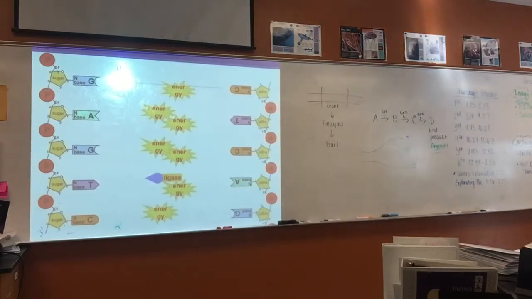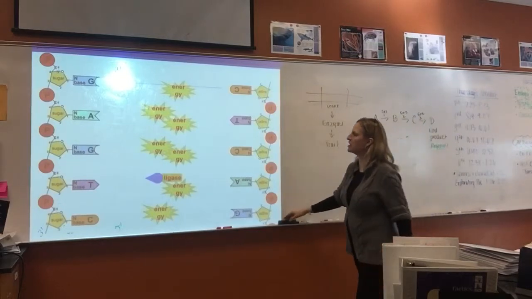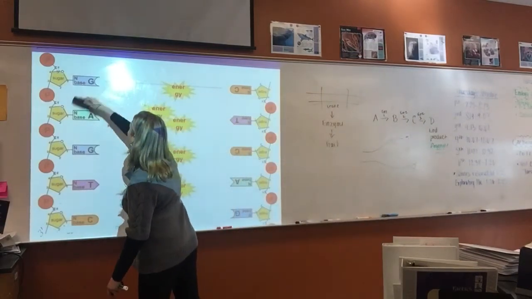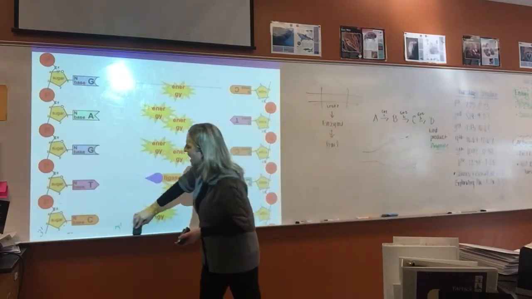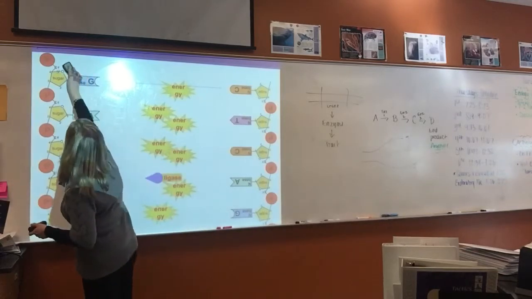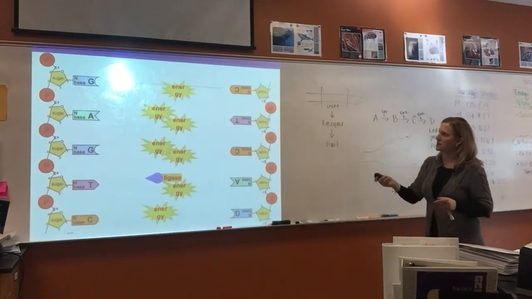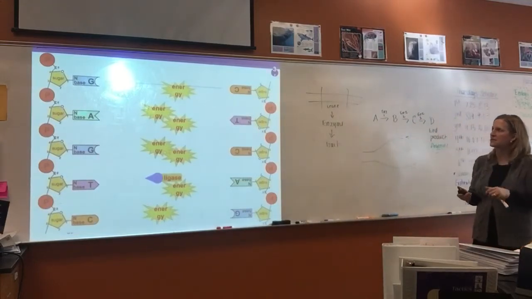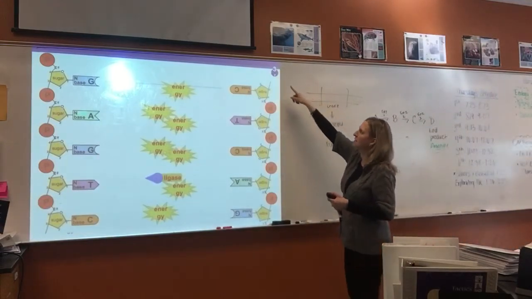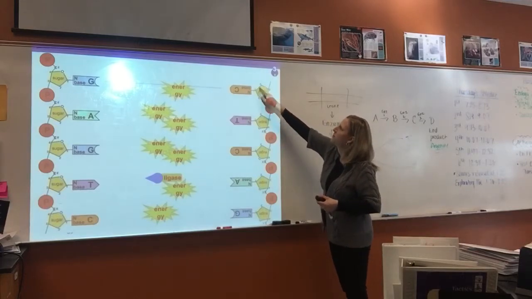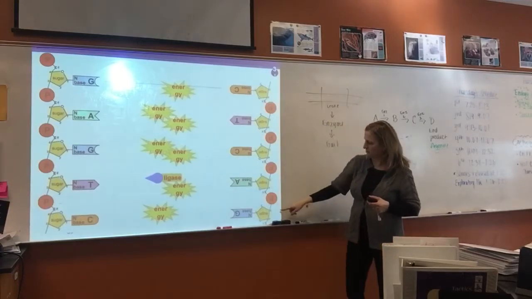Now what this picture, again, pretend like these little energy things in the middle are not here. This picture here is going to show you that, but it's going to show you one other thing, and the reason why the molecule grows in the 5' to 3' direction. So if we look at this, this is the 3' end of this one. It doesn't have the phosphate group, it's just the 3'.